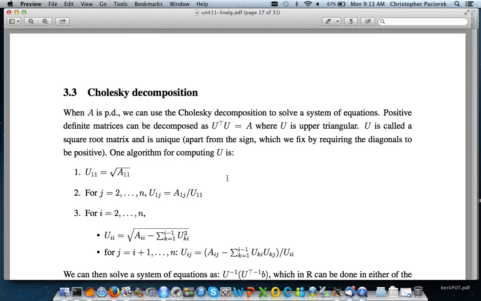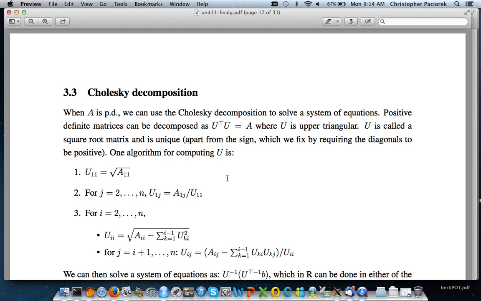Okay, so to compute A12, what would we do? Well, we would take the second column times the first row. So again, that's going to be an easy calculation. The only relevant things here are going to be U12 times U11. So we have U12 U11 equals A12, and we can then solve for U12 as A12 over U11, and of course we've already computed U11, so we know what that is.